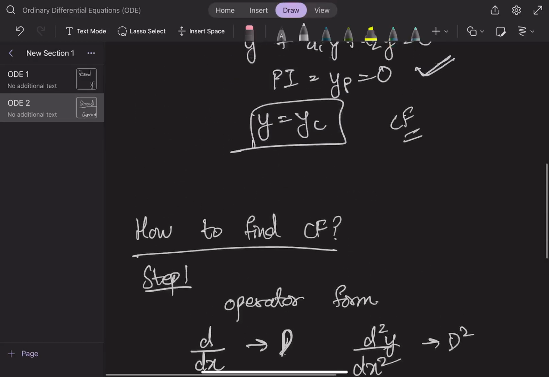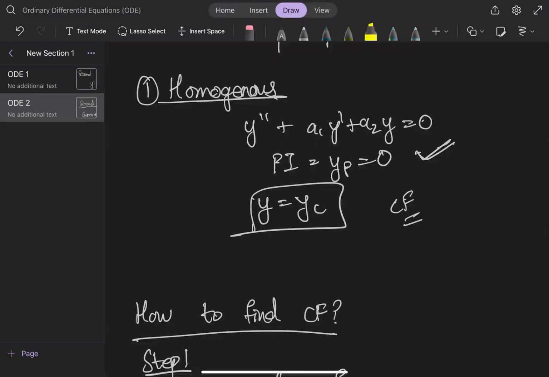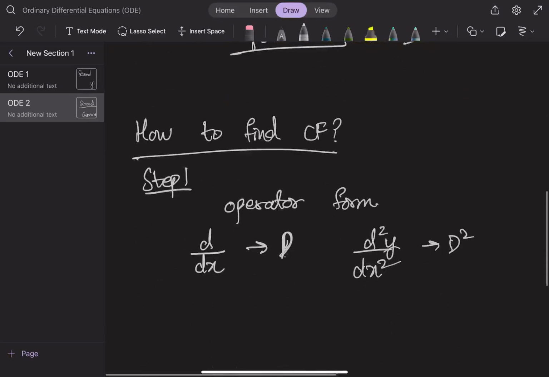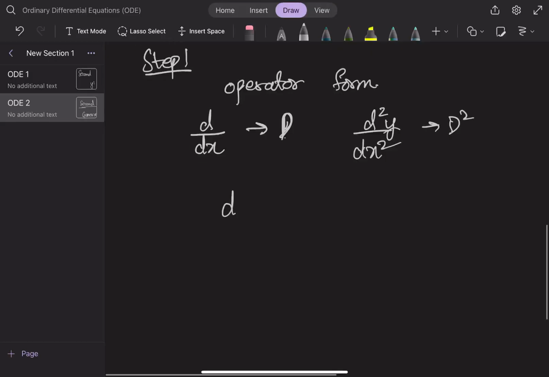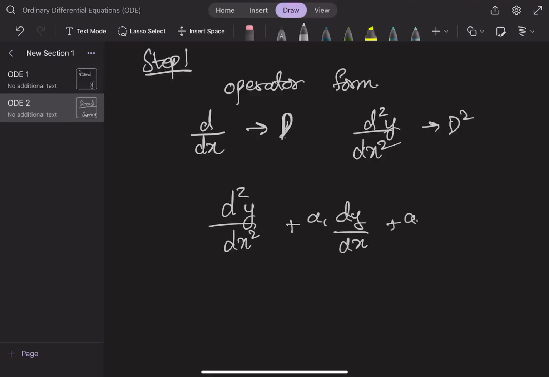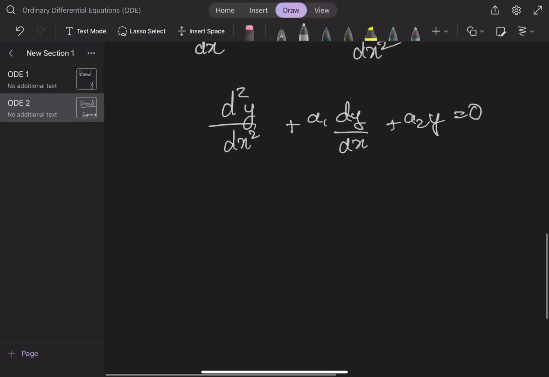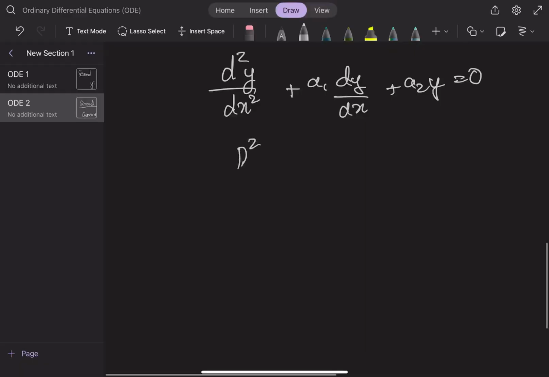So this equation, how exactly will we write it now? It becomes d2y by dx2 plus a1 dy by dx plus a2y is equal to 0. So this becomes D square y plus a1 Dy plus a2y is equal to 0.